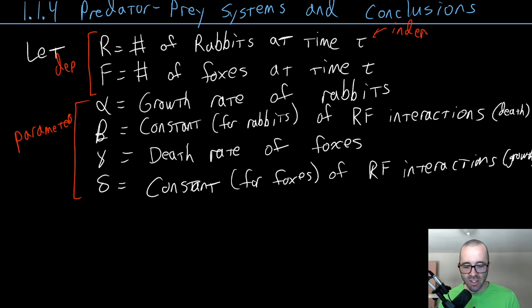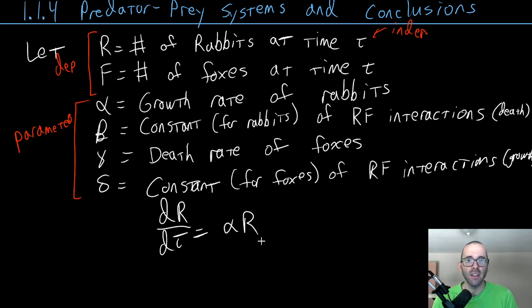We're going to get what's called a system of differential equations, and it's going to look like this. So, again, you don't need to know where this comes from. I have a short hand-wavy introduction, but I kind of want to show the process. The rate of change of the rabbits over time is going to be, so if there were no foxes at all, this is what it would be.